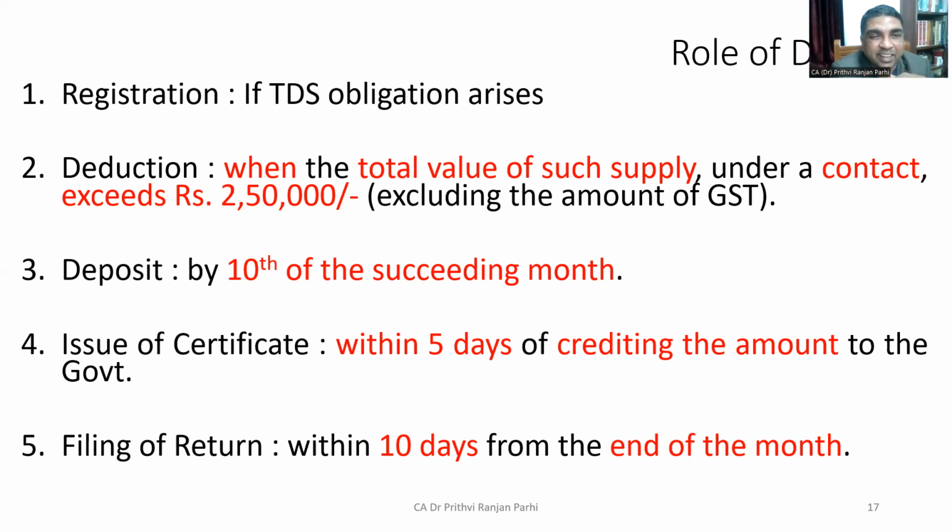And whatever is deducted, they are required to deposit by the 10th of the succeeding month. Once they are registered, they can go to their portal, create a challan and deposit this tax deducted amount. They are also required to issue a certificate within 5 days of crediting the amount. And also they are required to file a return within 10 days from the end of the month. These are the 5 types of responsibility which need to be discharged by all DDOs.